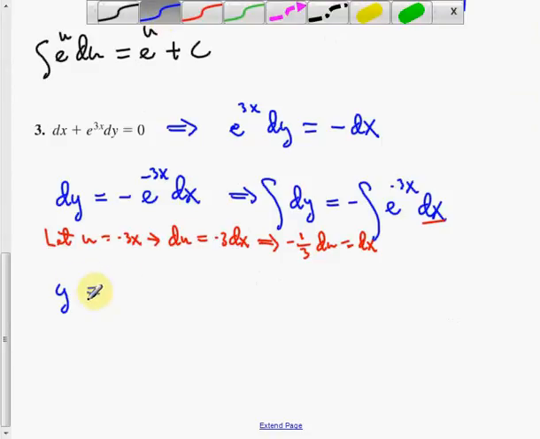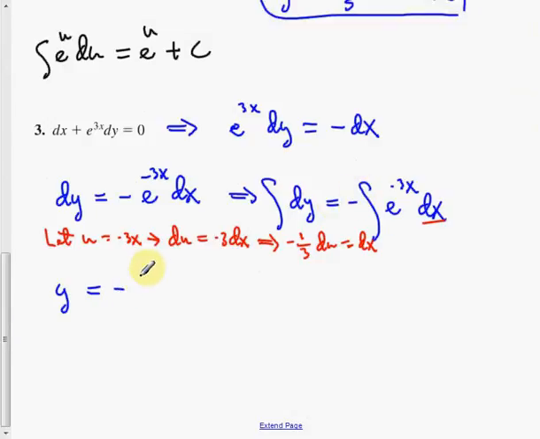So here the integral of dy is equal to, I have that negative already there, and then I have negative 1/3 times the integral of e to the u du. This integral of e to the u du just gives me e to the u plus c.